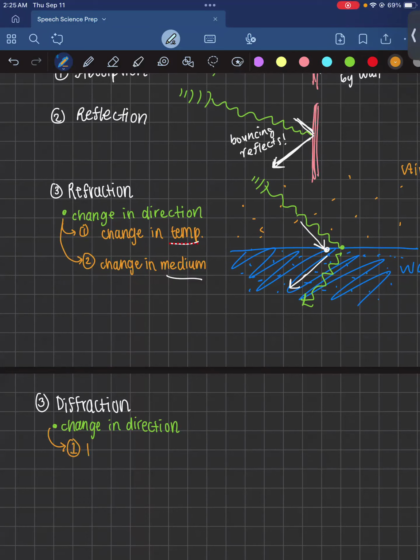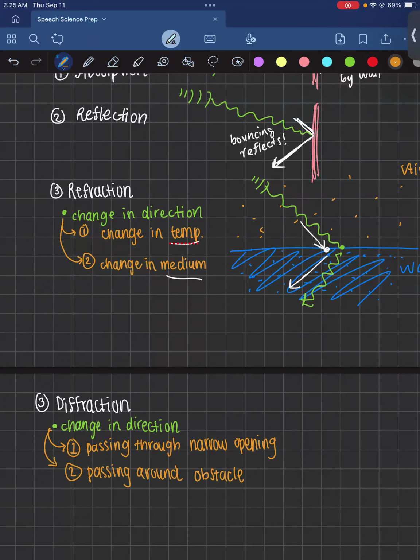So either one, it's passing through something narrow, so passing through a narrow opening, or two, it is passing around some obstacle. I don't know what obstacle, but it's passing around something, right?